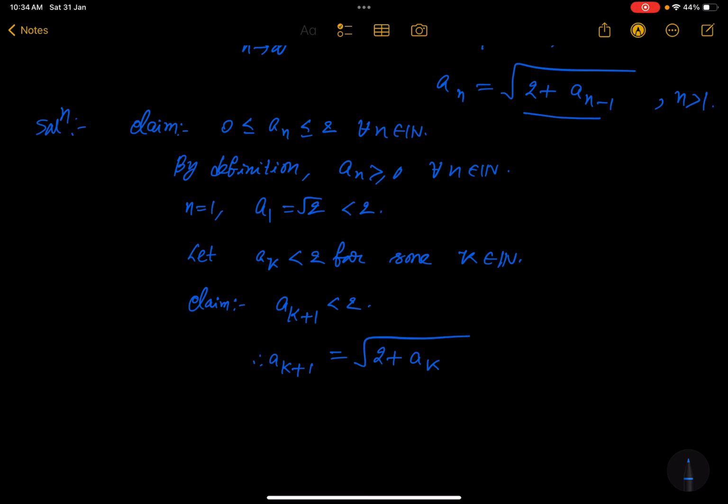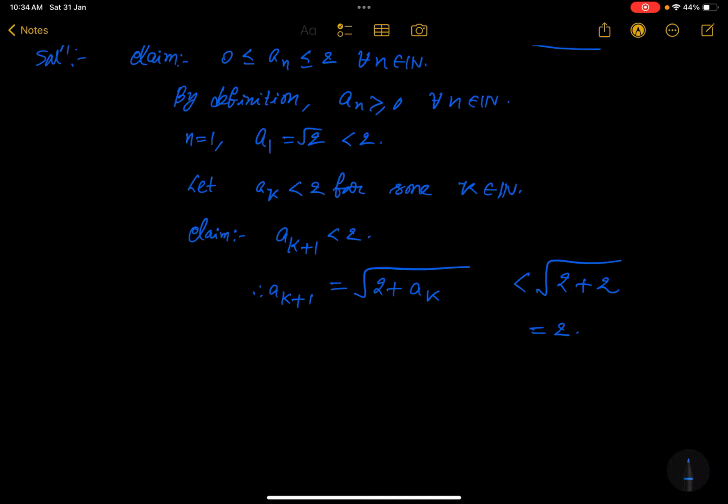The square root of 2 plus a_k, but this is less than the square root of 2 plus 2, right? a_k is less than 2, and the square root function, for a positive number, is like the x to the power half function, it's an increasing function, so a_{k+1} is less than 2. So by induction we can say that a_n is less than 2 for every n belongs to N, and this is less than or equal to 2, right?